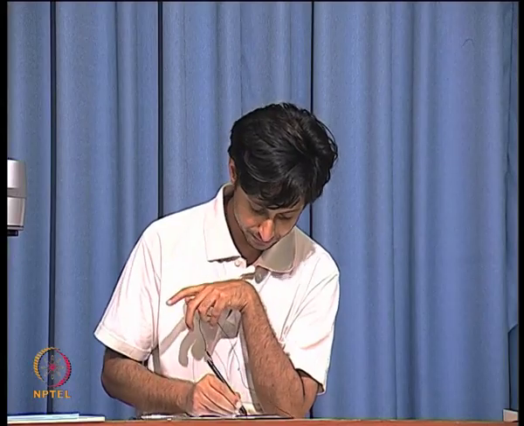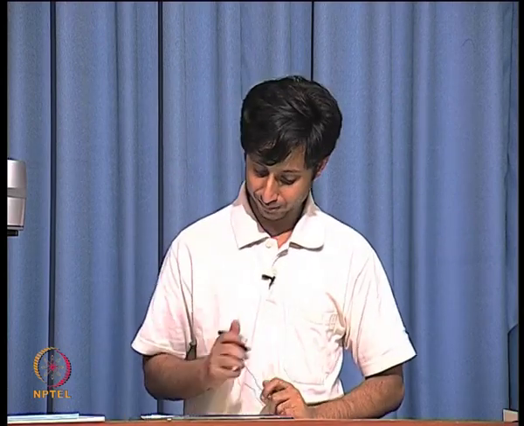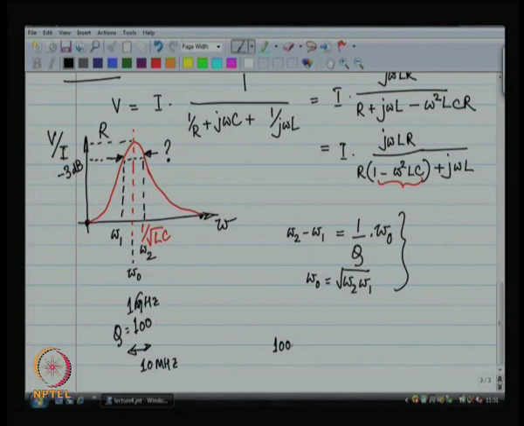So, if I have a q of 100 at a frequency of 1 gigahertz, then the bandwidth is going to be 10 megahertz. All right. If I say that the channel spacing between two subsequent channels is 100 kilohertz, GSM has a channel spacing of 100 kilohertz, or is it 200 kilohertz?